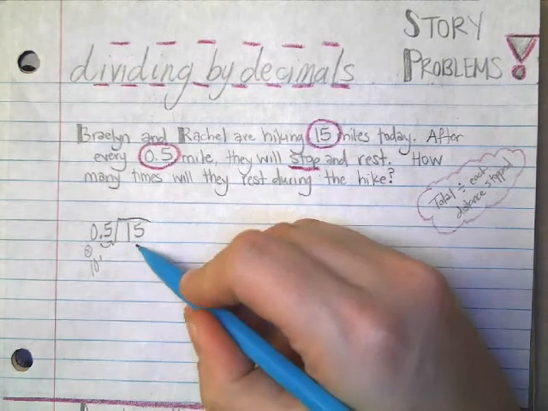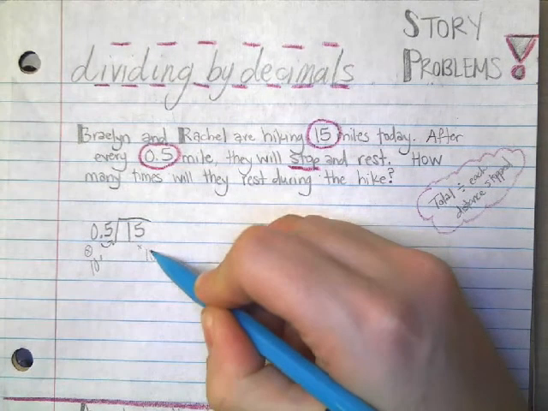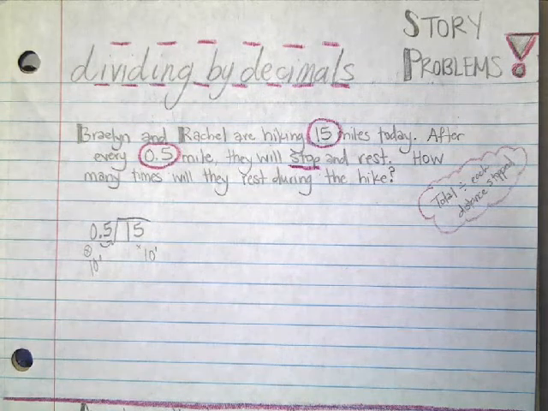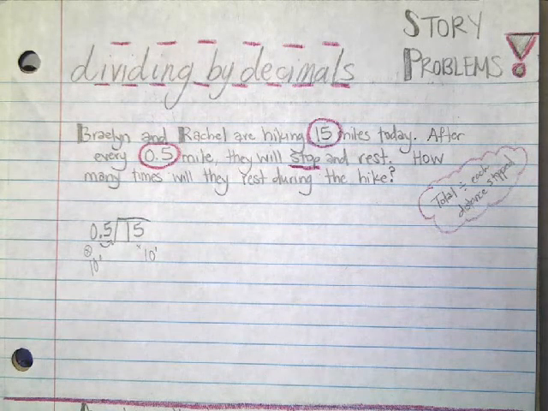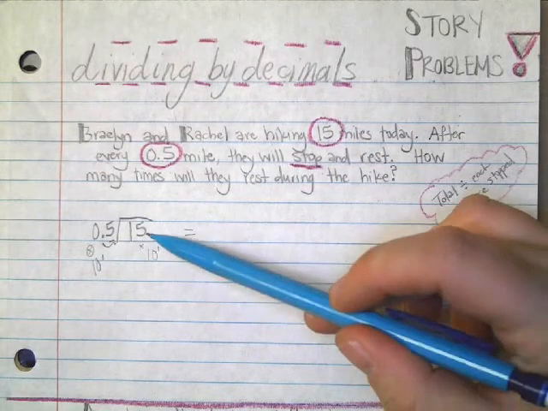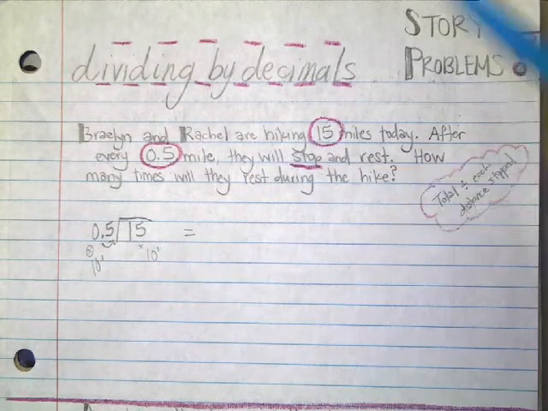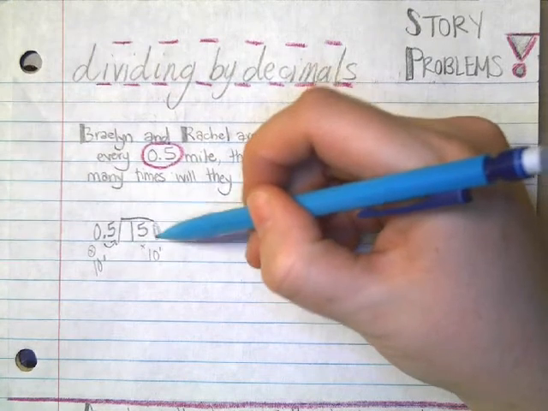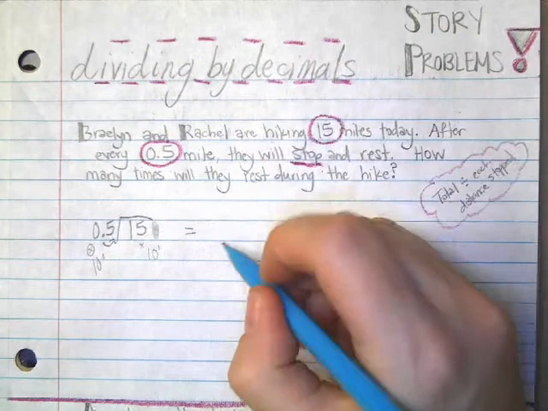So if I take 15 and I times it by 10 to the first power, what happens? Well, what is 10 to the first power? It's just 10. So it means that I'm going to be adding a 0 to the end of 15, making it 150.